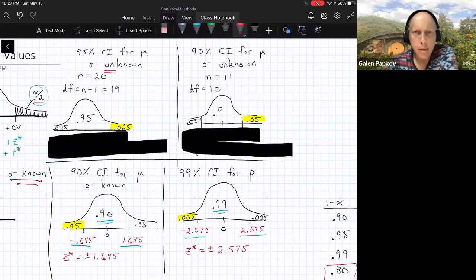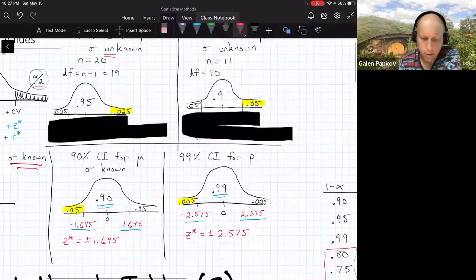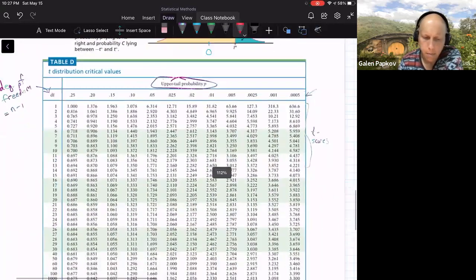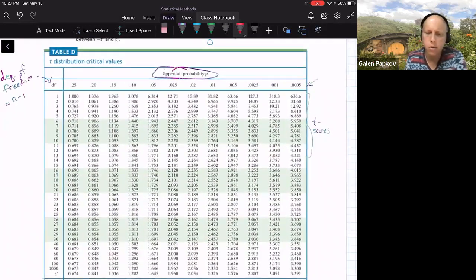So again, the process is the same as what we did. 95% in the middle, 5% not, 2.5% on each side. So 0.025 is the probability that we're looking for. Make sure you're going to the right table. So the t-table, 0.025 is right here.